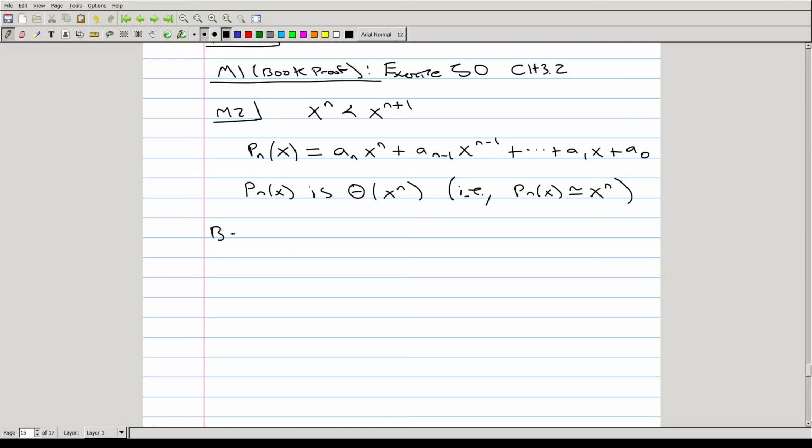The way we do that is by setting up the base case. This is for P1.